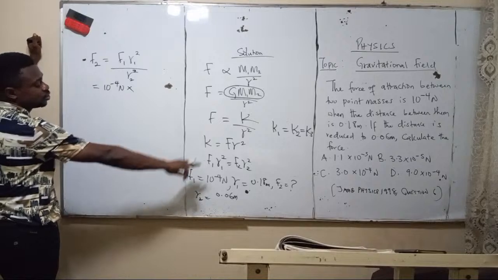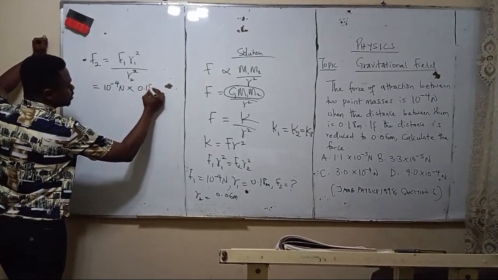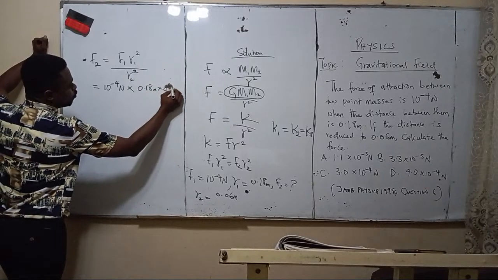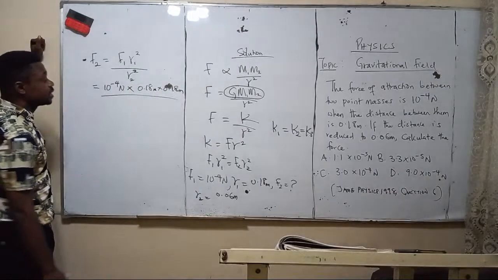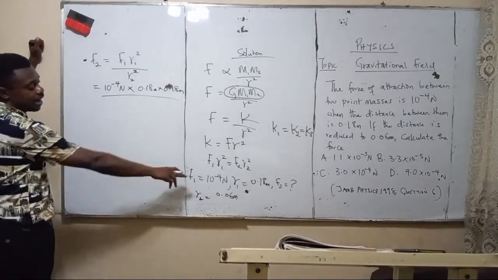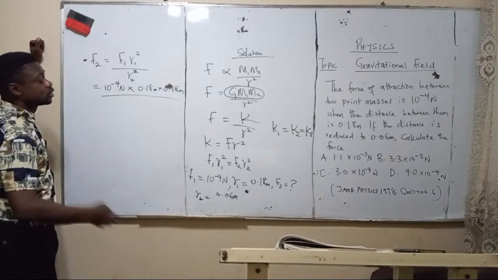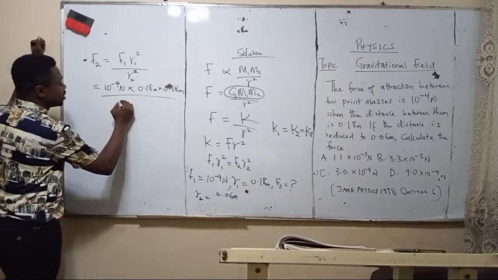You simply do 0.18 meter times 0.18 meter. The same thing for R2 squared, which is R2 times R2, where R2 is 0.06 meter, so 0.06 meter times 0.06 meter.